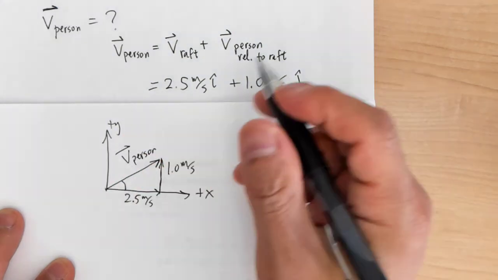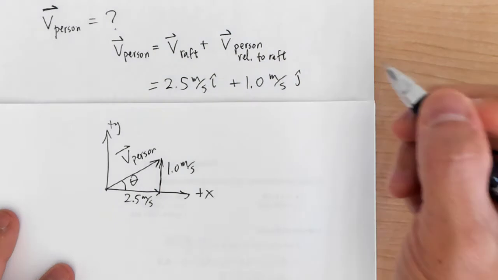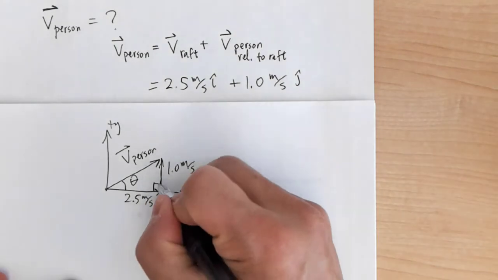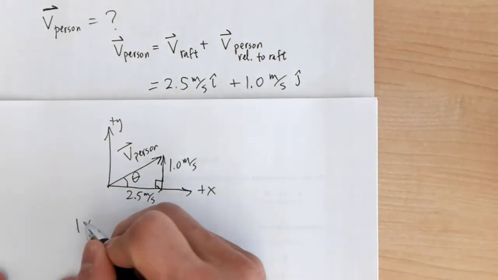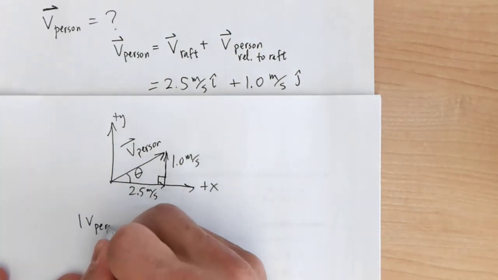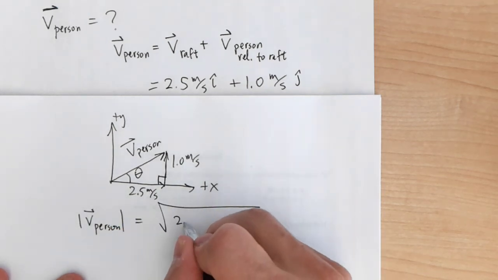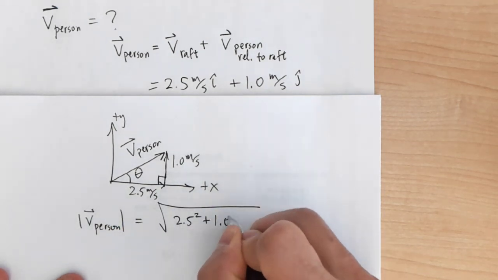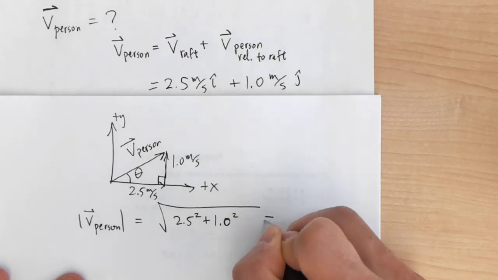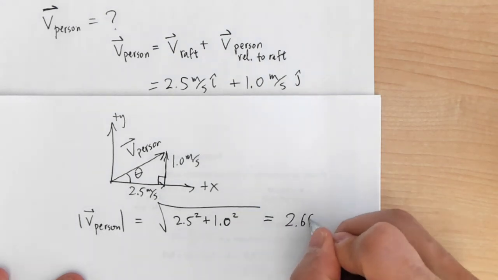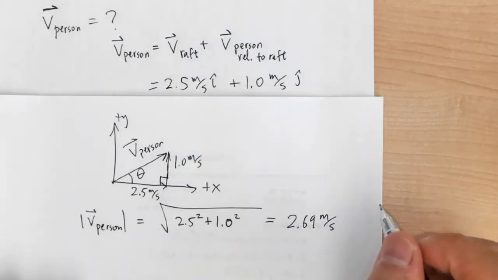And I do want to know this angle in this right triangle. So the speed, or the magnitude of the velocity, will be the square root of the sum of the squares, 2.5 squared plus 1.0 squared. This comes out to about 2.69 meters per second.